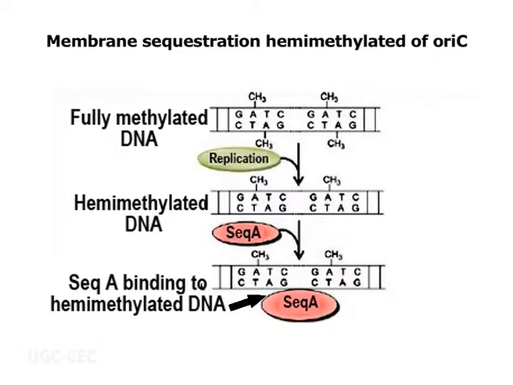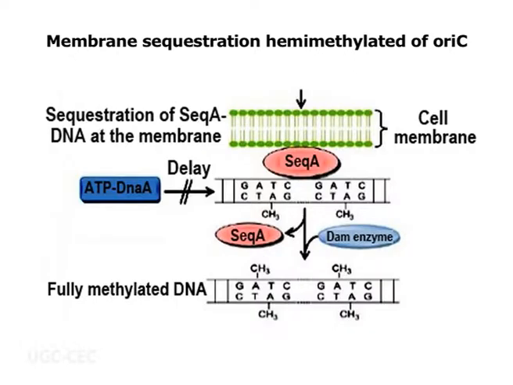After it has formed a bond with SeqA, it binds with the bacterial cell membrane, and as a result the DNA becomes more compact and nucleoid formation takes place, which helps in cell division. You can see in this diagram, SeqA binds to the hemimethylated DNA, after which it binds to the cell membrane, and since it is now bound to the cell membrane, the next round of DNA replication cannot take place.